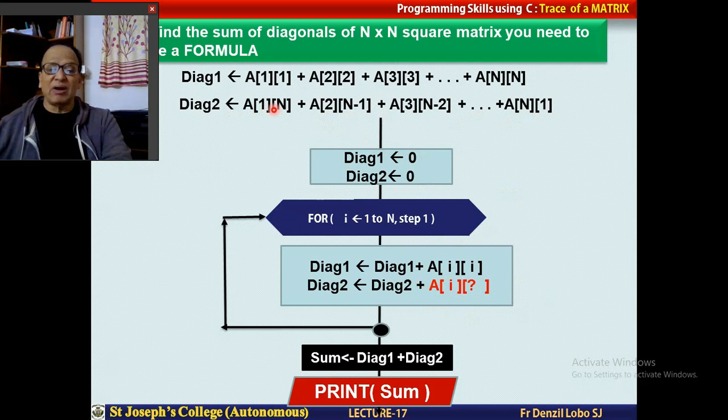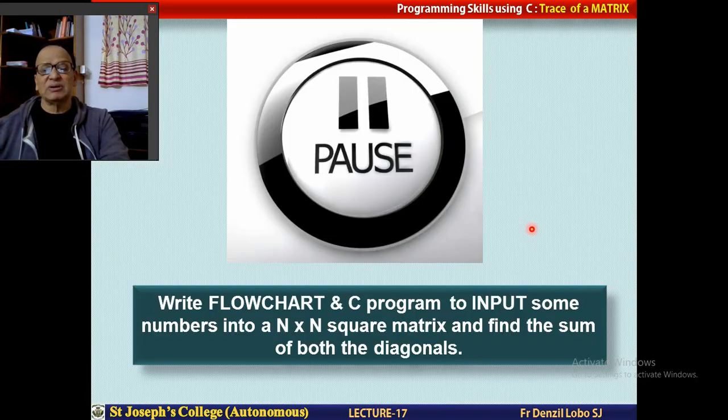Or in the case of a 3 cross 3 matrix, it is A13, A22 and A31. How are you going to get the formula? I would like you to think about it before you go to the next page. Pause, write the complete flow chart, then write the C program and execute it.